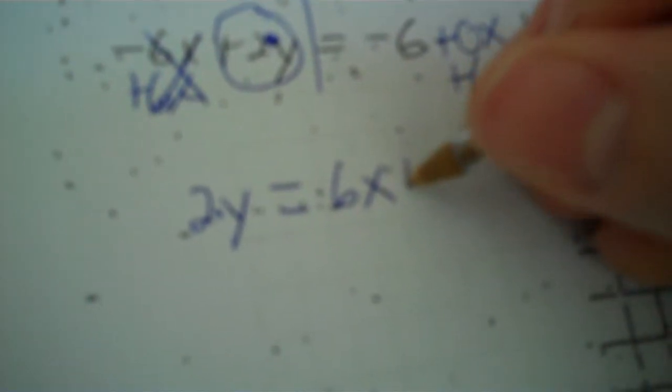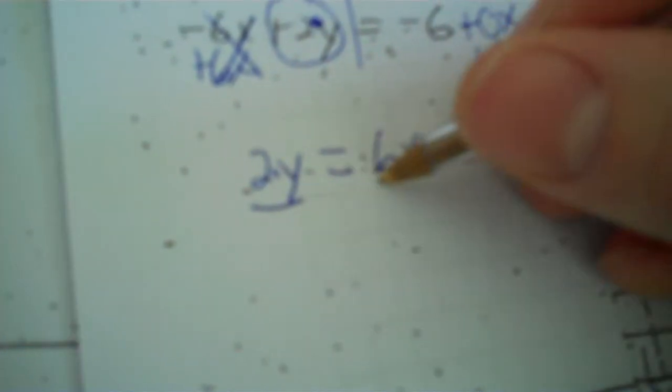So we have 2 times y. Got to do the x first. 0 plus 6 makes 6. Then plus negative 6. Divide by 2. 6 divided by 2 is 3, so I actually got a whole number, an integer now when I divided. Negative 6 divided by 2 is negative 3.